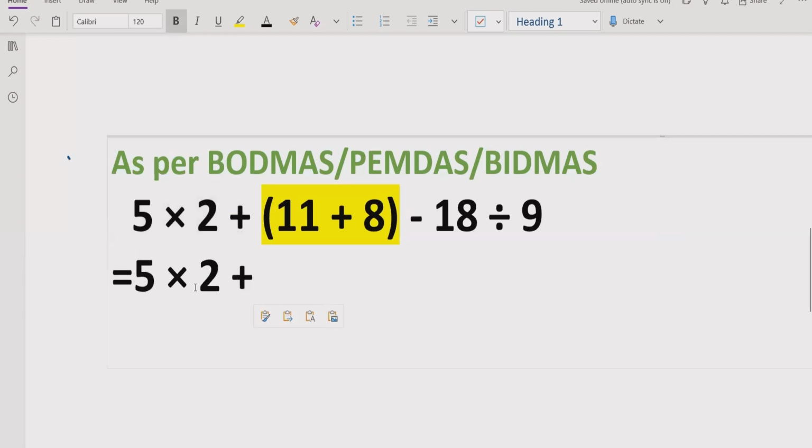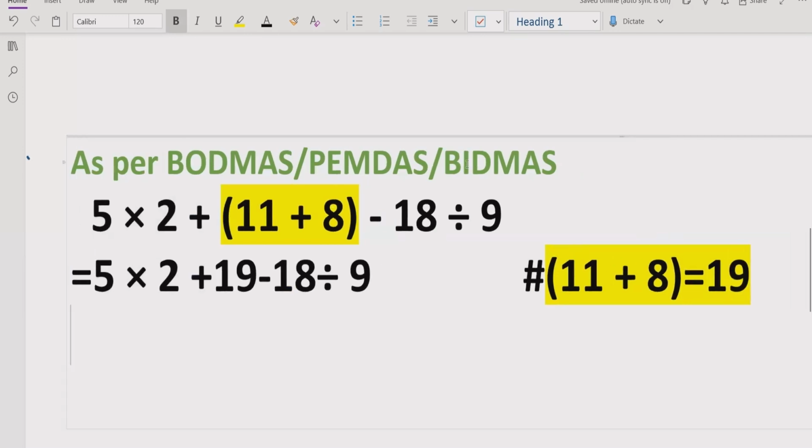So we write 5 multiplied by 2 plus, and now we add 11 plus 8, which equals 19, minus 18 divided by 9. Here we give the reference: it's 19.